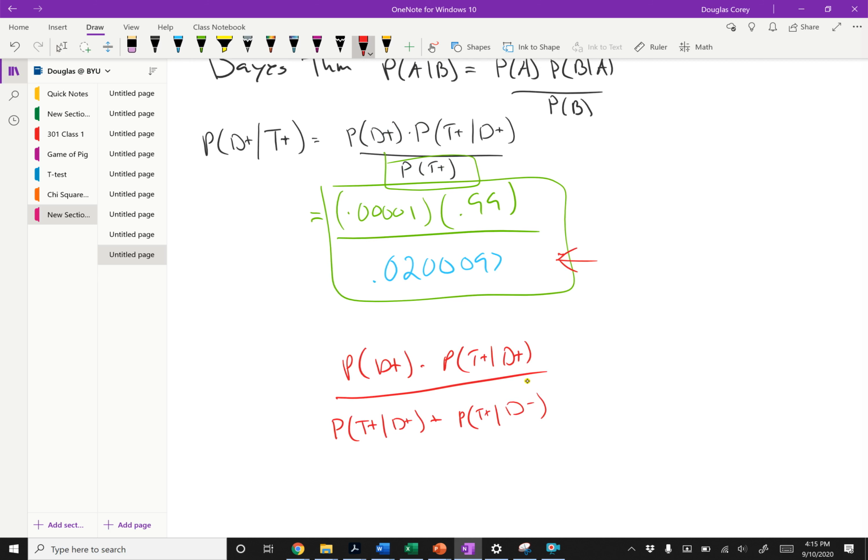I think that's how they would write that.